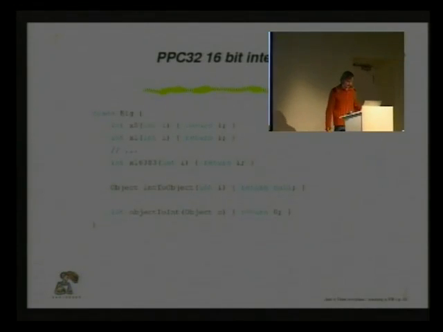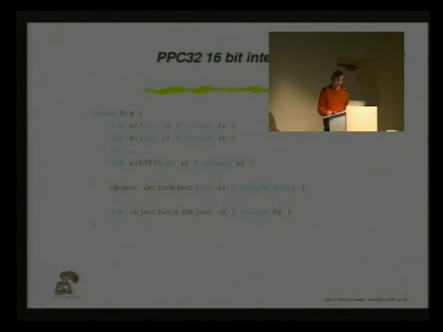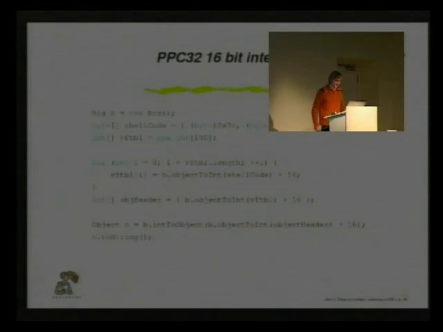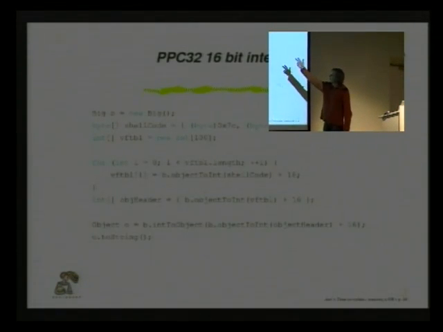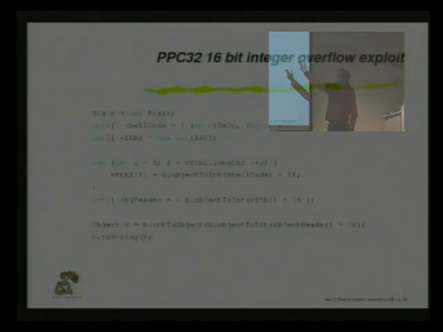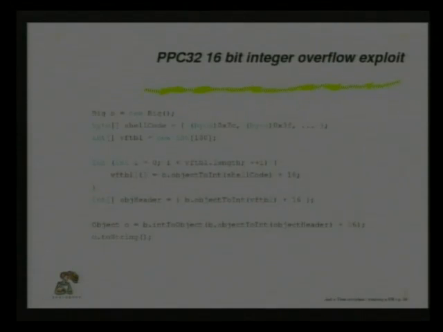So having these two cool casting functions, we can go on and construct our fake objects. We create an instance of this Big class, we create our shellcode that can be arbitrary machine code in a byte array. We create this virtual function table with enough entries for enough methods as an integer array.